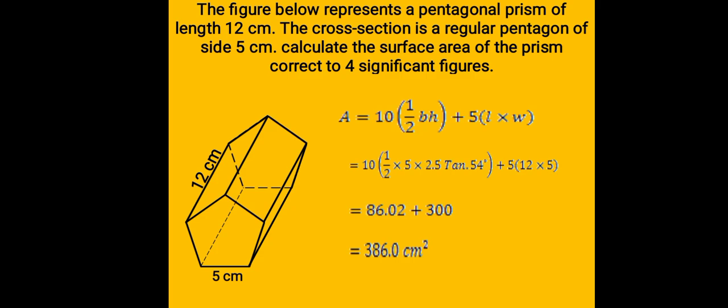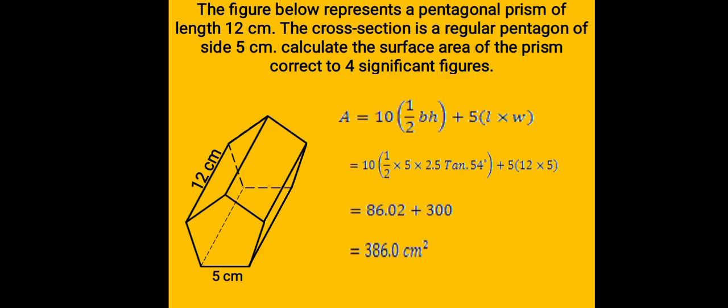We know from the center of a pentagon, if you divide by 5, we have the angle of each triangle. And now the base will be the side of the pentagon. So each triangle will have a base of 5 and an angle at the center of 54.